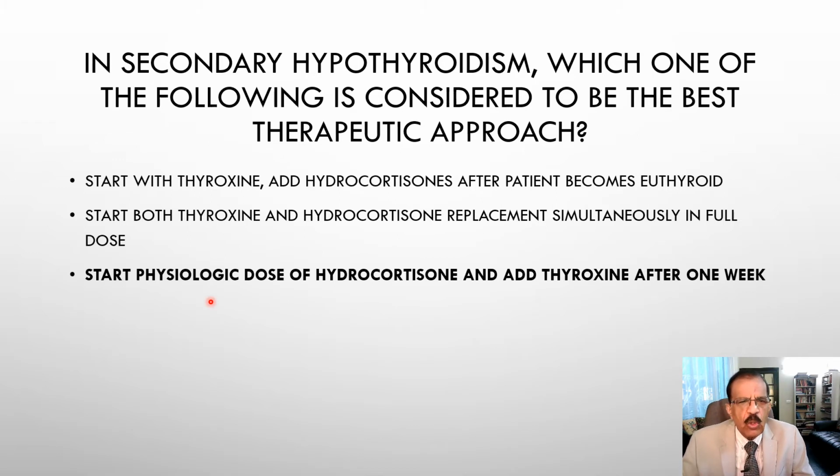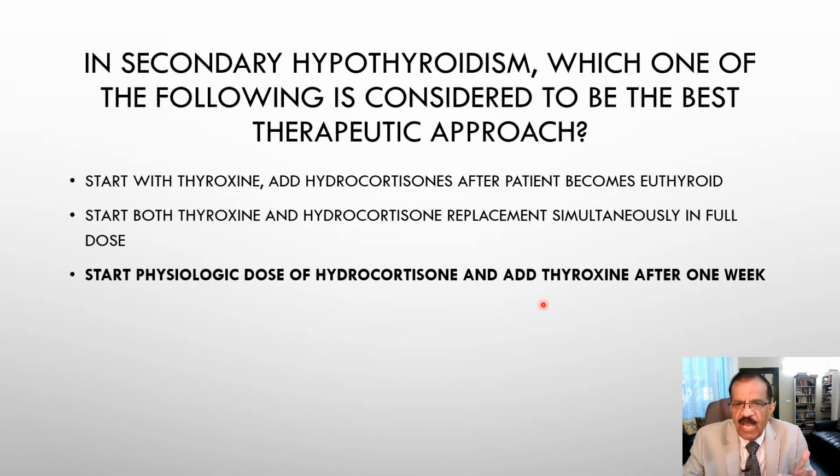We assume that the patient is not producing any hydrocortisone, so we'll give the replacement dose, the physiological dose, which is equivalent to 20 or maybe 30 milligrams of hydrocortisone. For other steroids the dosage will be different, an equivalent dose, but the best is hydrocortisone. So start with hydrocortisone; thyroxine can wait.